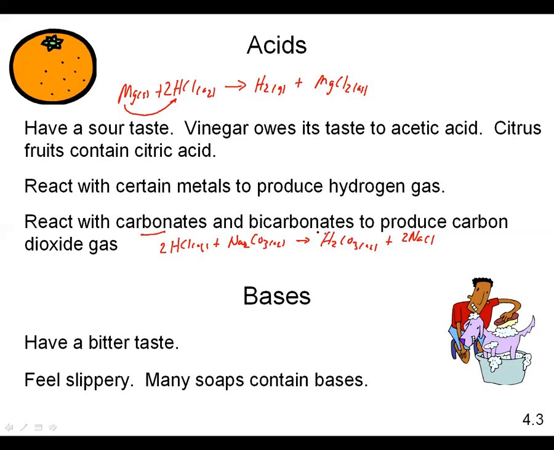And as you may be aware, carbonic acid very quickly goes through a decomposition reaction and produces H2O and CO2, carbon dioxide gas. So this is typically followed by a decomposition reaction.